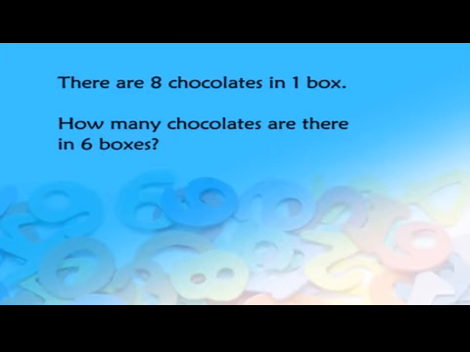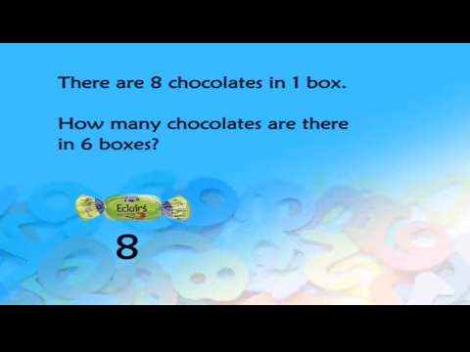Here again, let us look at one word problem. One is given to find out many, that is, 1 to find out many is the meaning of multiplication. Let us look at the example. There are 8 chocolates in one box. How many chocolates are there in 6 boxes?